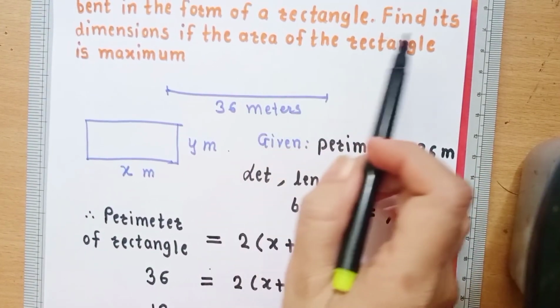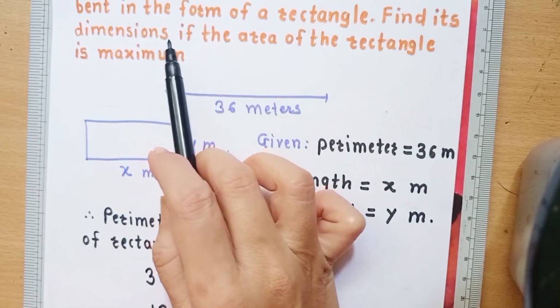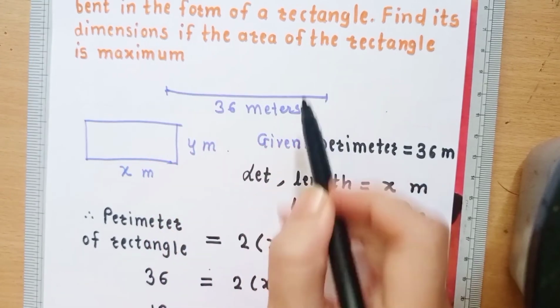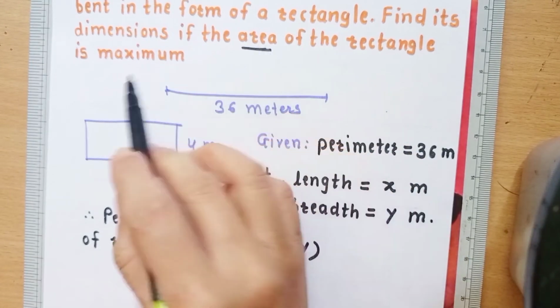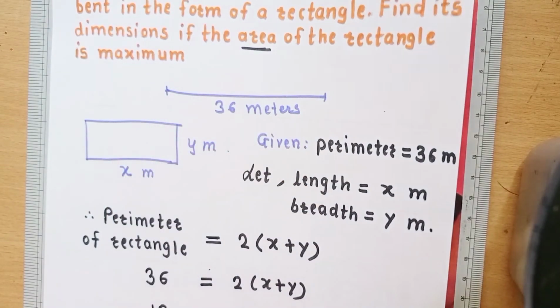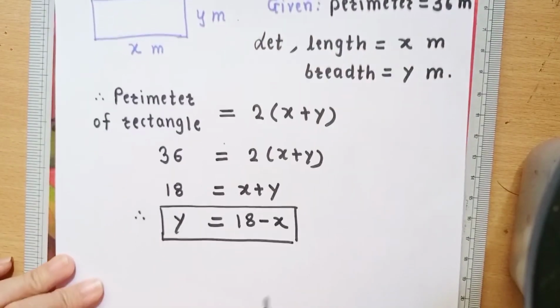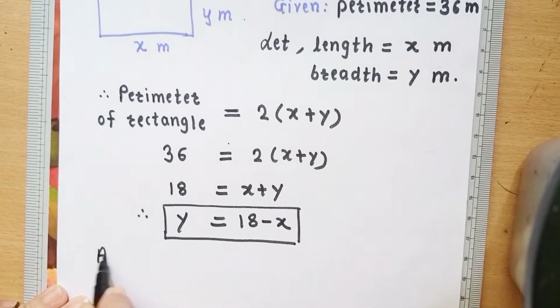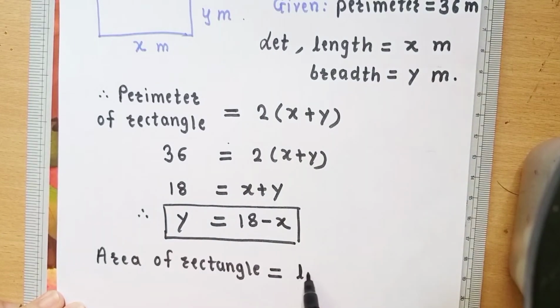Now again read the question. Find its dimensions if the area of the rectangle is maximum. That means we have to write again the formula for area of a rectangle, which is equal to length into breadth.